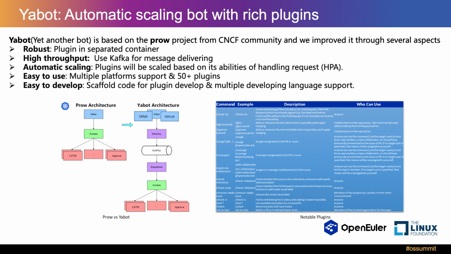The second is that sometimes when there are huge messages coming from the code repository, the Prow application sometimes will lose the event. So for these two problems, we have to upgrade the Prow project into our own robot.